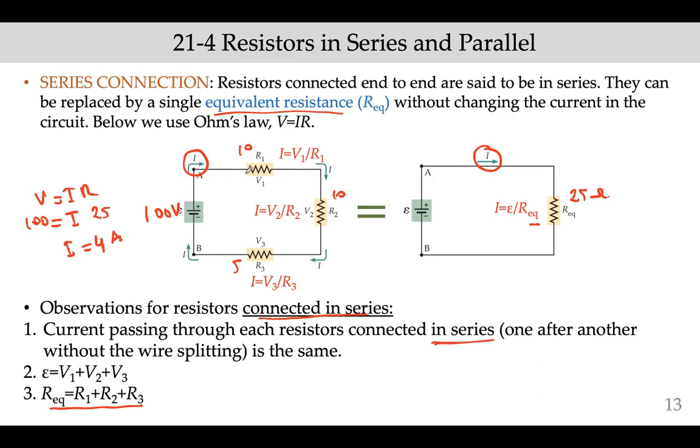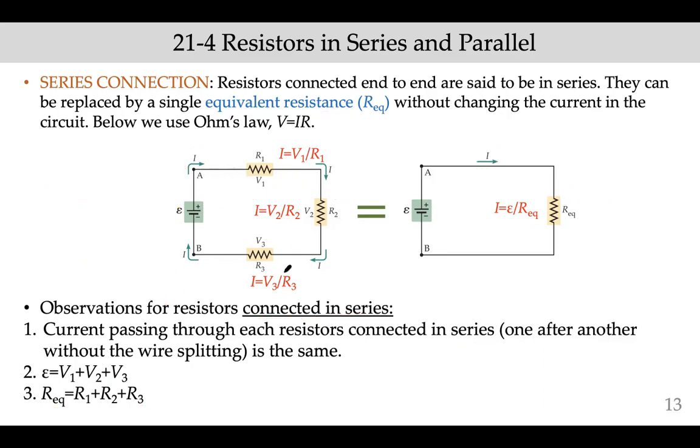But if you connect another resistor like this, with a wire, the current would split here, so we would not be able to say the current is the same in all wires. But if there's no splitting, and all the resistors are connected in series, then the current is the same.